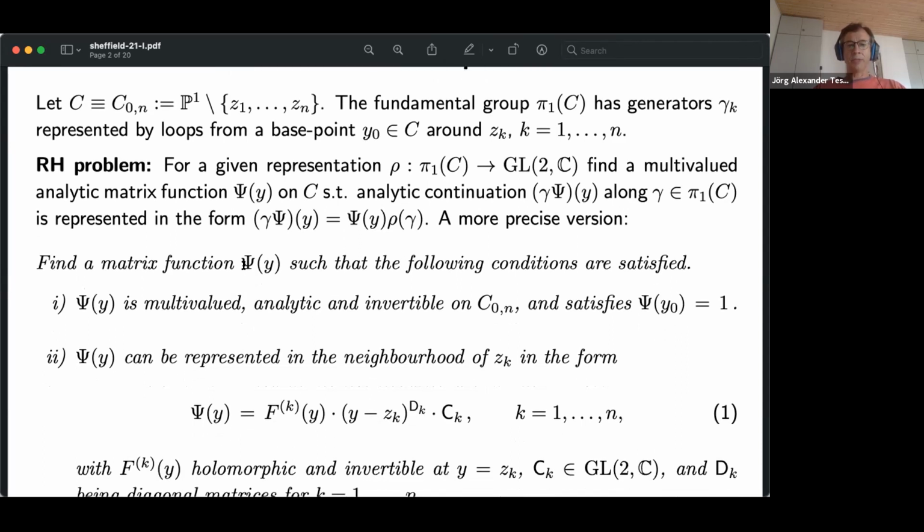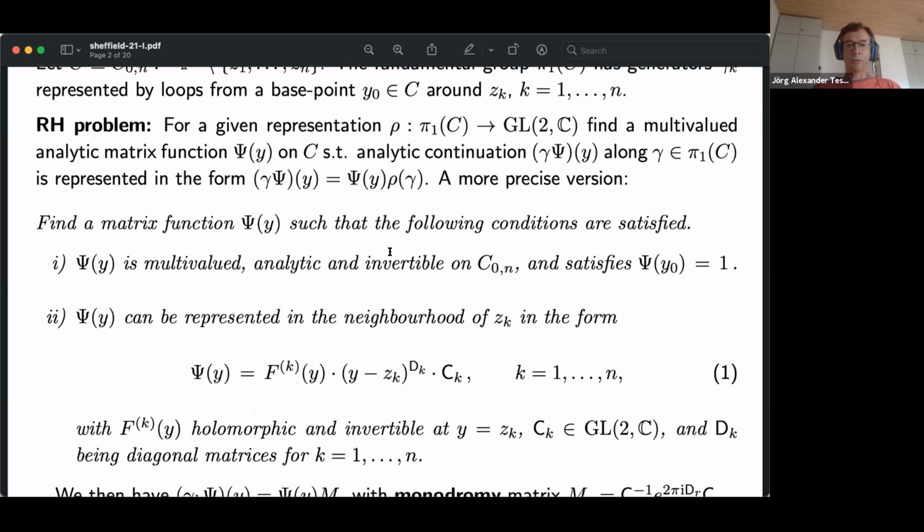And then we can ask for an analytic matrix function such that the analytic continuation along any of these n paths, or more generally along any element of the fundamental group, which you can compose out of these basic paths, is represented by, as indicated here, the right multiplication with a matrix that we have associated to that path gamma.